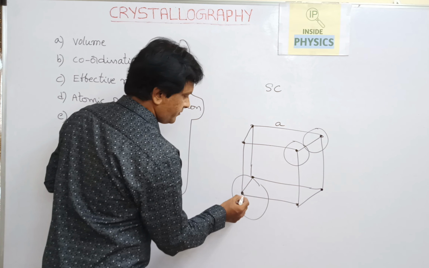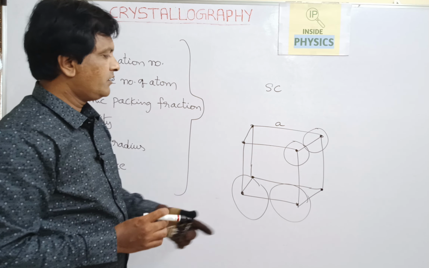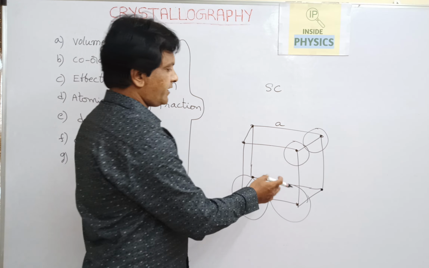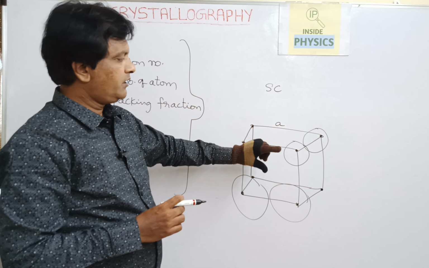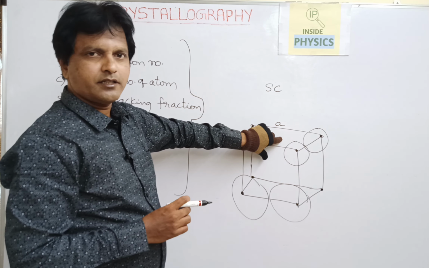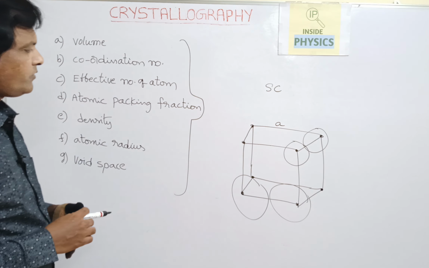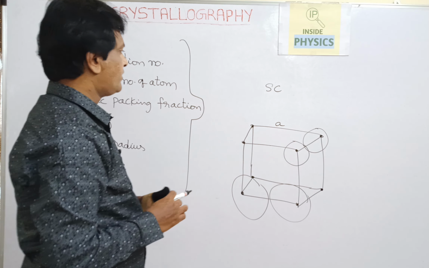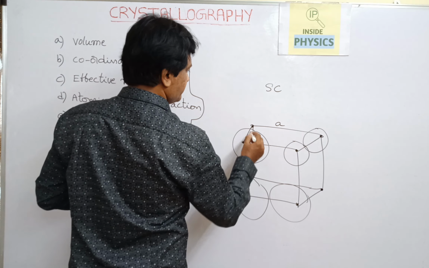Imagine there is an atom in this corner and there is an atom here. So each corner has an atom. I will show you a three-dimensional picture here, and you can understand by that picture. What is the number of atoms around each atom?